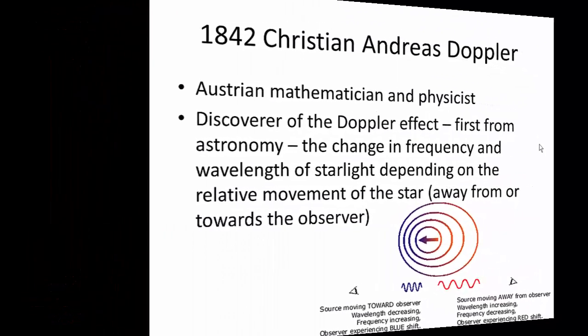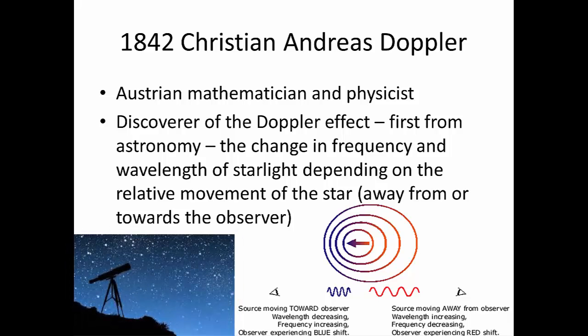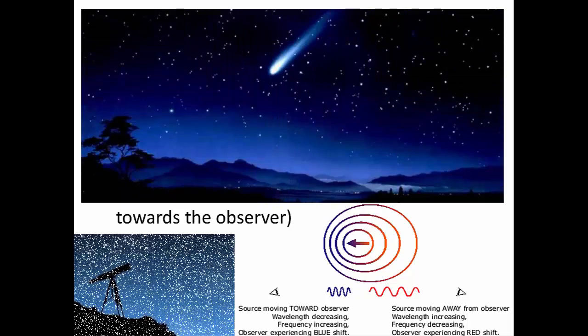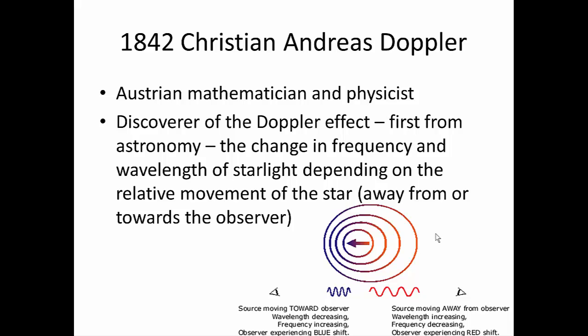Next in line is the Austrian mathematician and physicist named Christian Andreas Doppler. He was, as you might expect, the discoverer of the so-called Doppler effect. Originally, it plays a major role in astronomy because it describes the change in frequency and wavelength of starlight depending on if the star you are watching is actually relatively moving away from you or towards you.